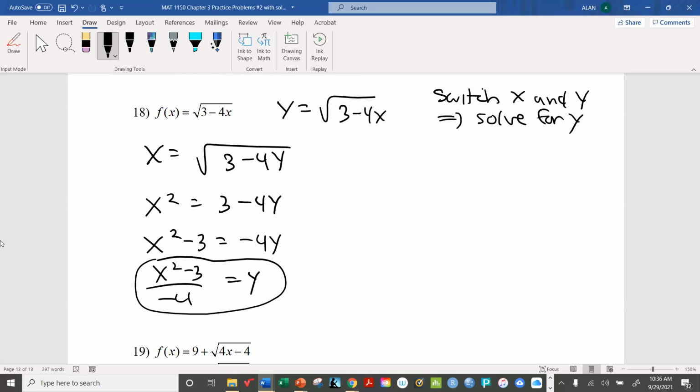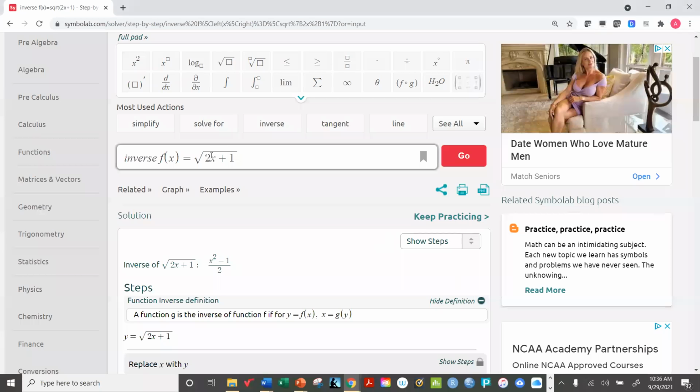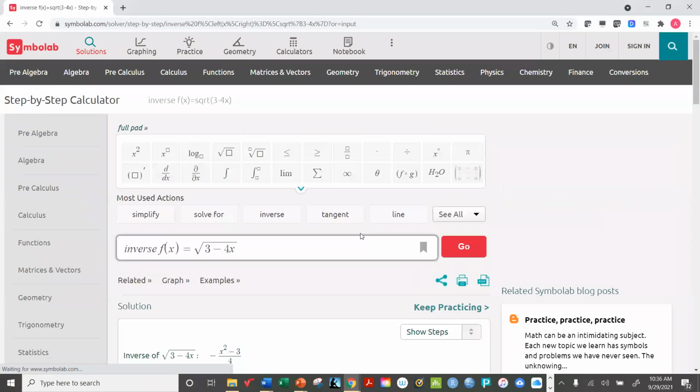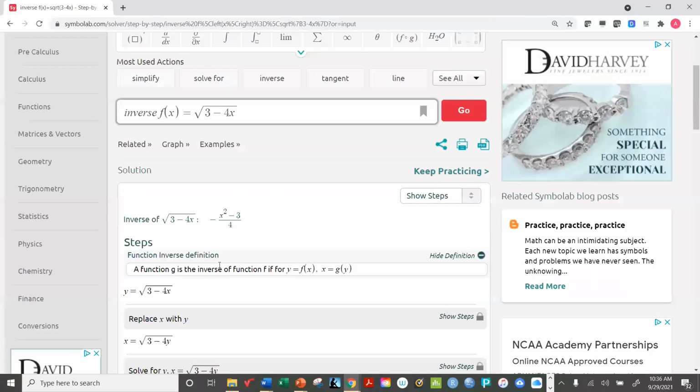All right, so we don't have to prove it every time. Instead, why don't we just run over to Symbolab? And I think you'll see that it is correct. So the function is radical 3 minus 4x. And it should give us back minus x squared over 4 plus 3 over 4.